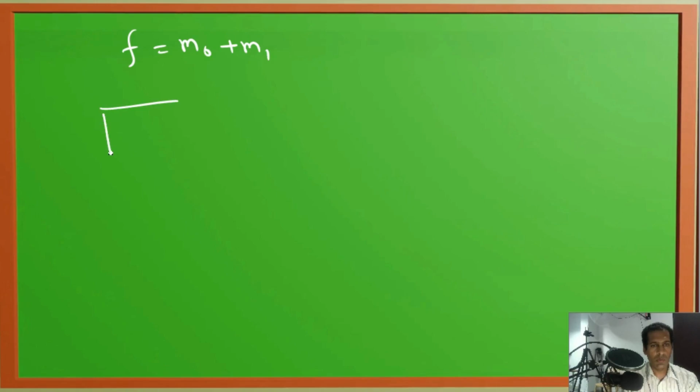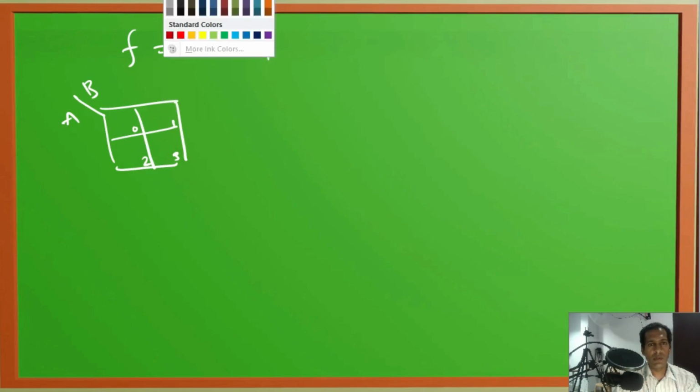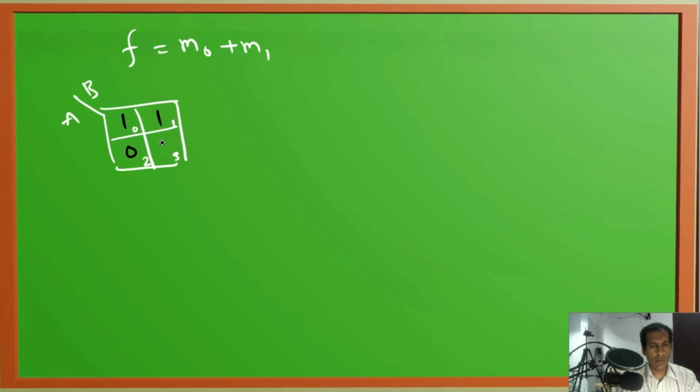So in the 2 by 2 square, we have m0, m1, m2, m3. This side we have a, this side we have b. So m0 plus m1 means here we have 1, here we have 1, this one is 0, this one is 0.